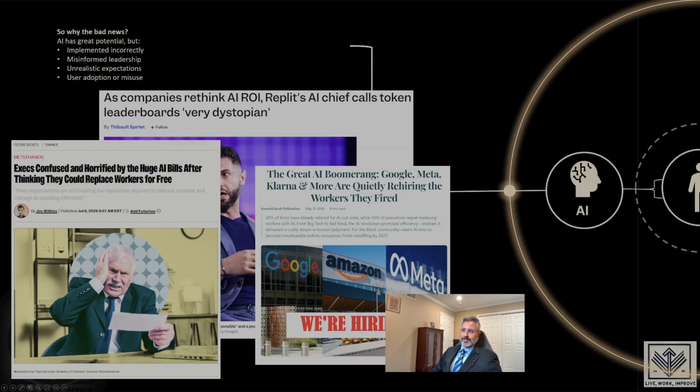Same thing here. See, these executives, they were told about the use of AI and they were like, okay, this is great, I want it. And then they start getting the bill. Why? Because AI companies charge by the token, by the amount of calculations and information that they're spitting out.